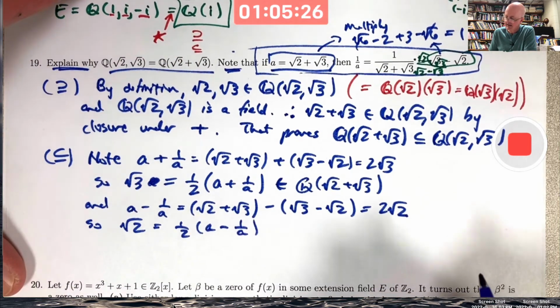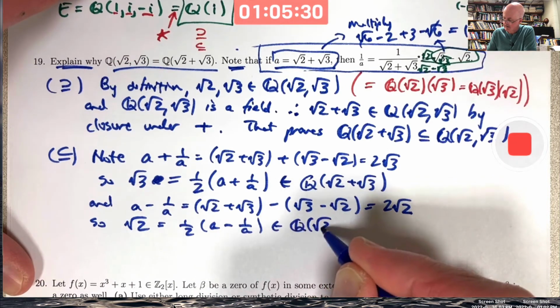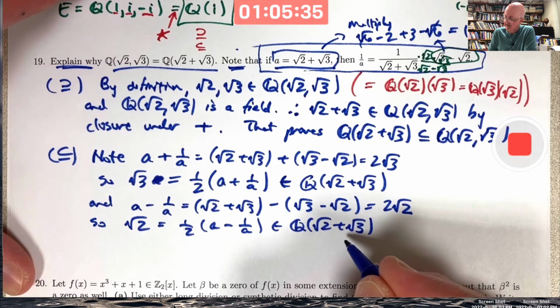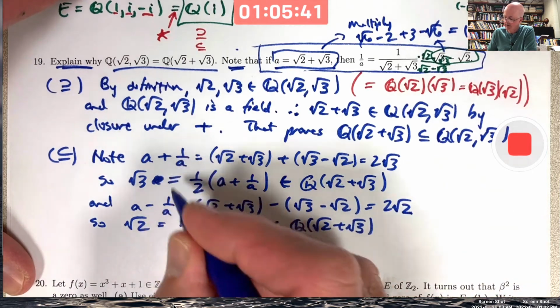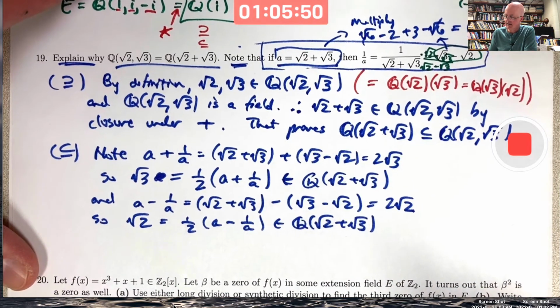Same argument then allows you to say that square root of 2 is in here. Again, this thing is the a, so it's in there. Its multiplicative inverse, 1 over a, is in this because it's a field. And if I add them or subtract them, it'll still be in here by closure as well. Multiply by 1/2, it's still going to be in there as well. And that's enough.